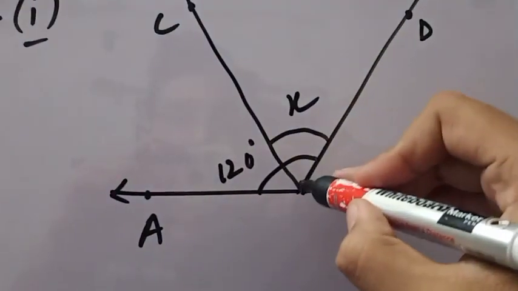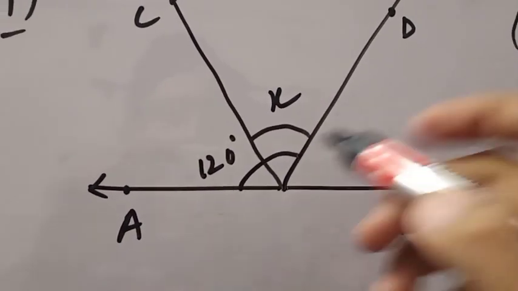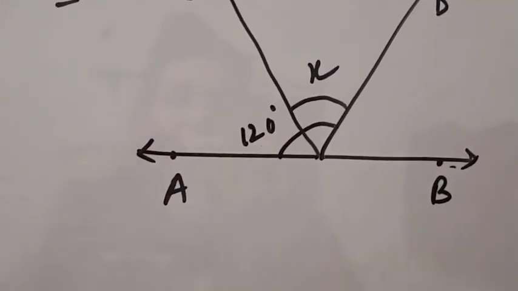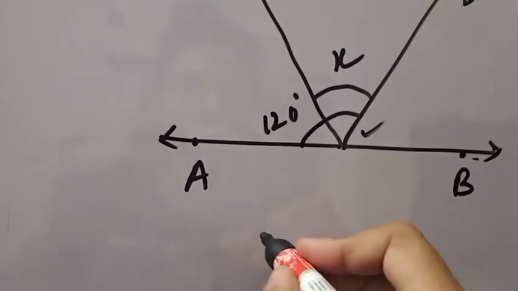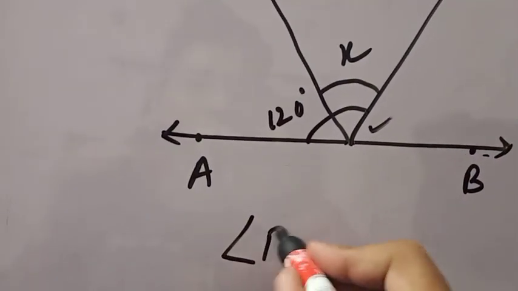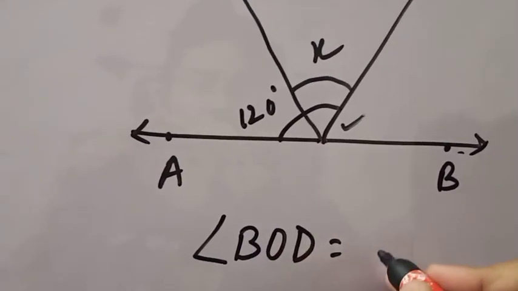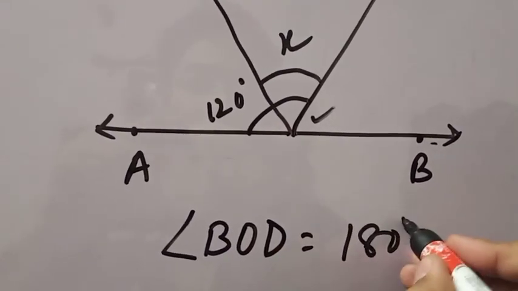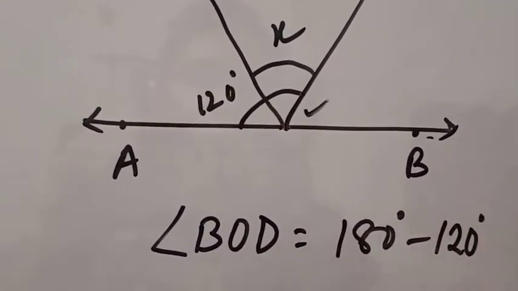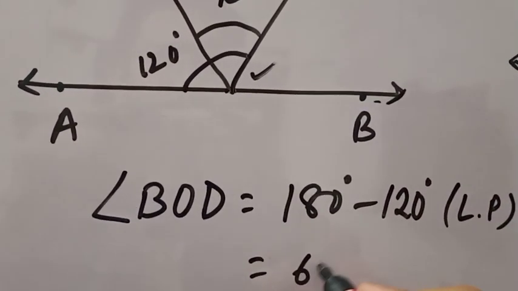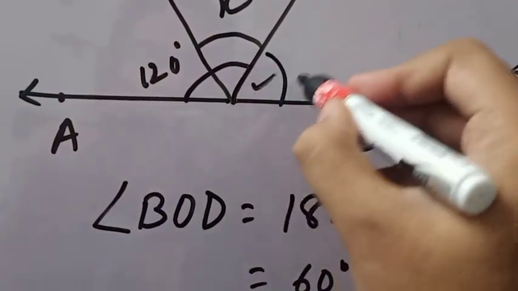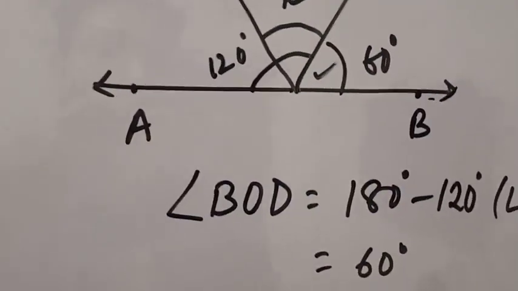BOC is bisecting. So for the BOC bisecting, AB is a linear pair. If we find this angle, angle BOD equals 180 degree minus 120 degree because of linear pair. So that means 60 degree. Clear?